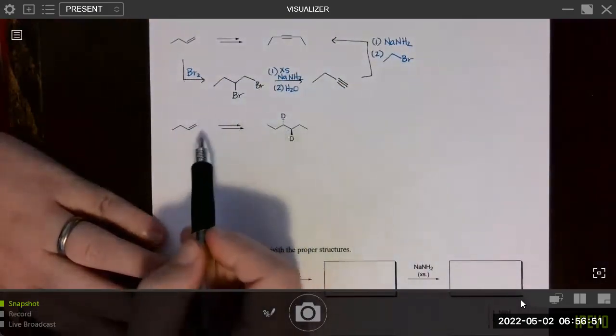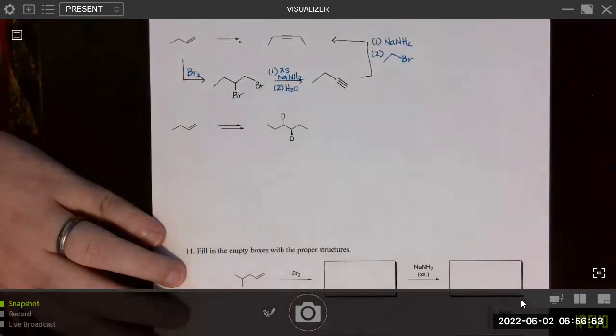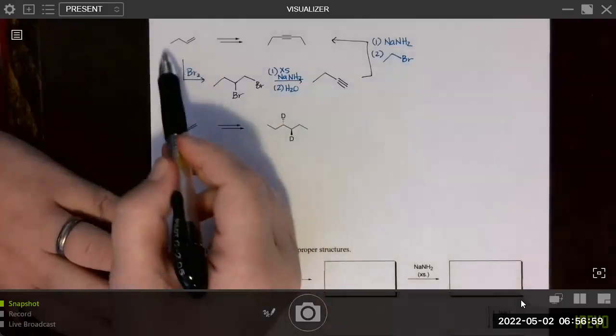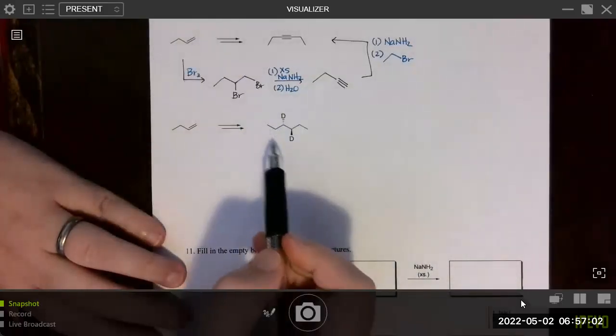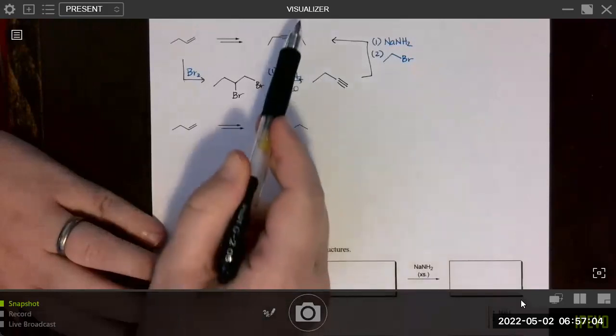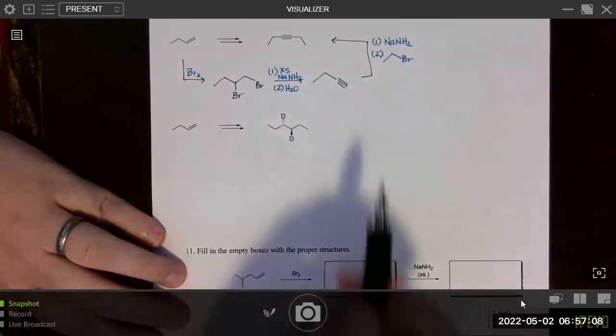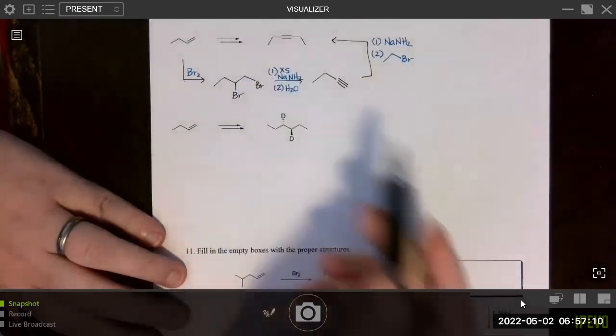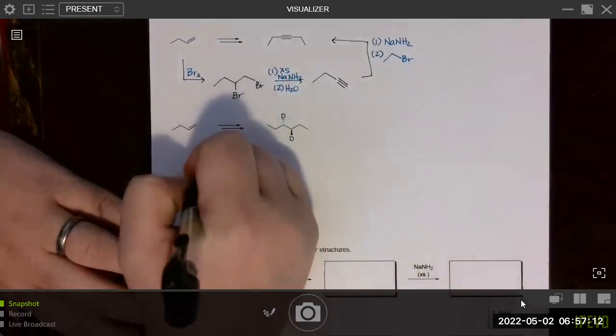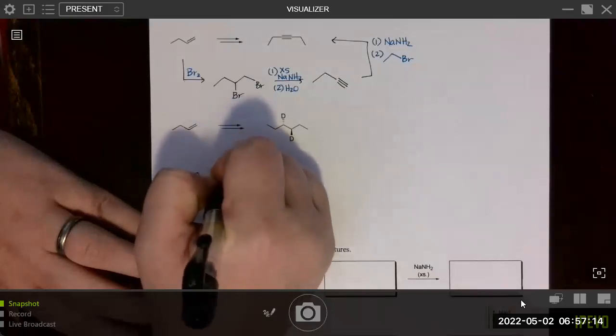Here again, we need to go through the same sort of process because we want to add carbon. So it's actually the same starting material, and we can get to the same sort of alkyne, and then we can actually just continue on with this to get this. So I'll just write same as above.